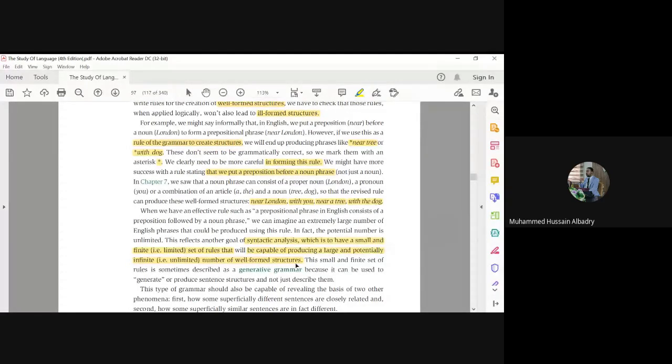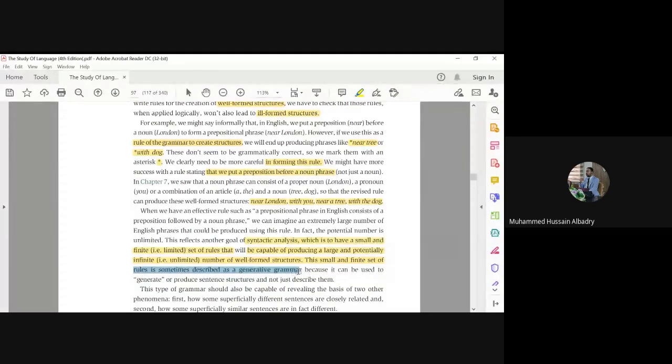We said well-formed structures means grammatical sentences. So, in short, this small, limited number of rules can produce an unlimited number of grammatical sentences. This small and finite set of rules is called generative grammar.